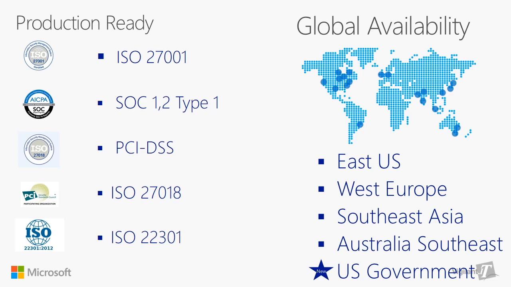In February 2015, Azure became the first cloud computing platform to conform to the ISO 27018 Code of Practice for the protection of personally identifiable information in public clouds. And in September 2016, Azure was the first hyperscale cloud provider to achieve the ISO 22301 certification, with the assurance that you can now trust Microsoft Azure with your mission-critical applications and Azure's unmatched business continuity and disaster recovery preparedness.